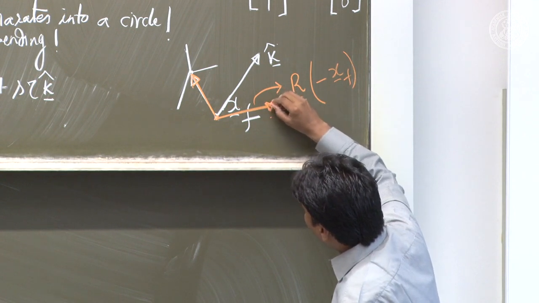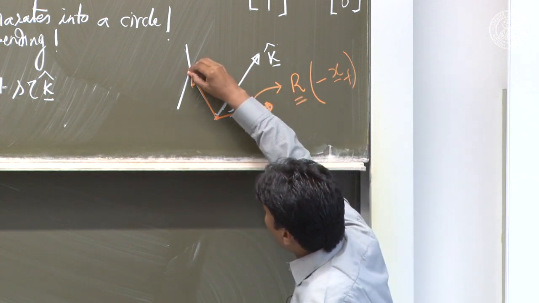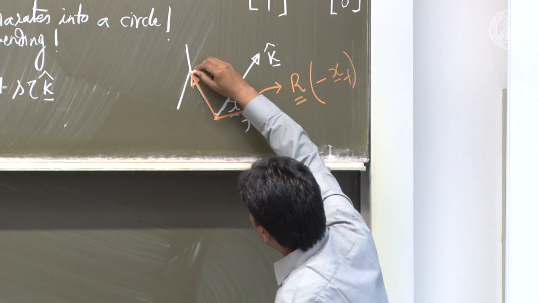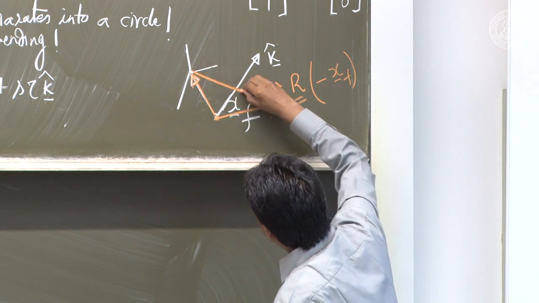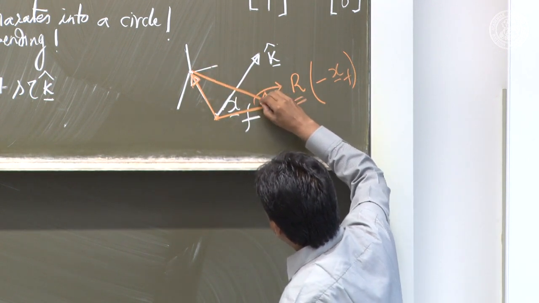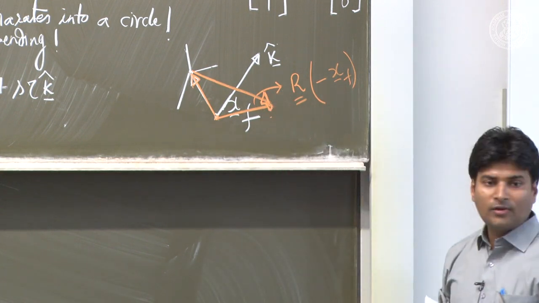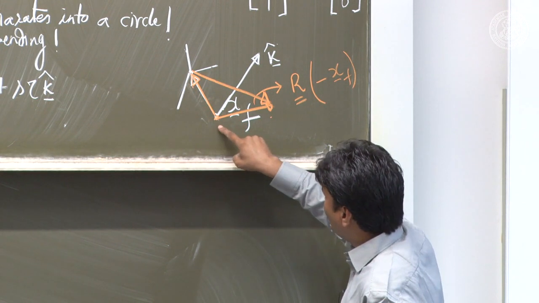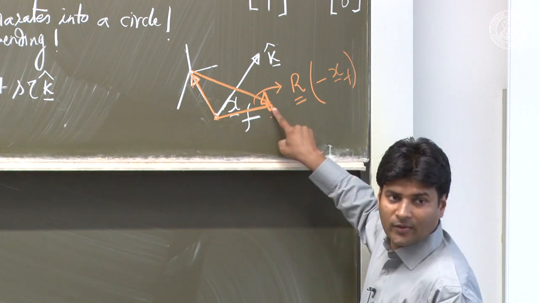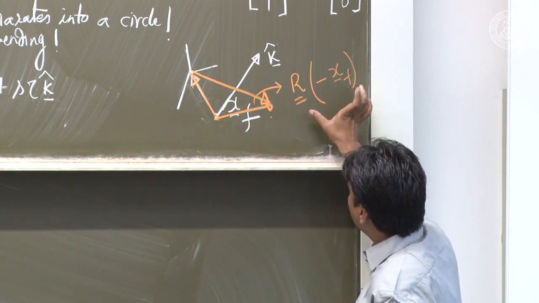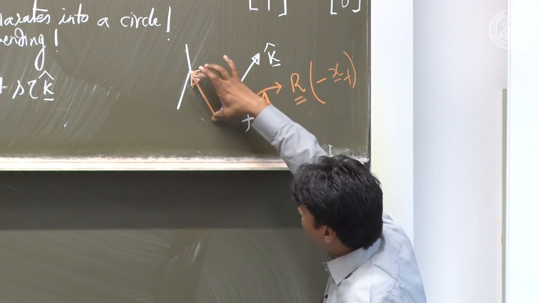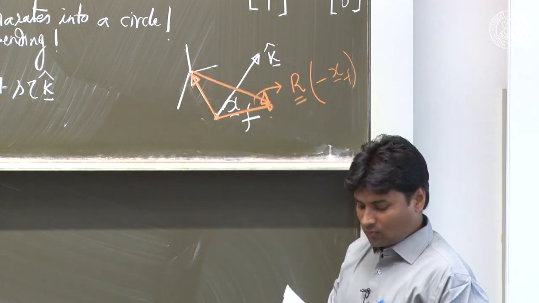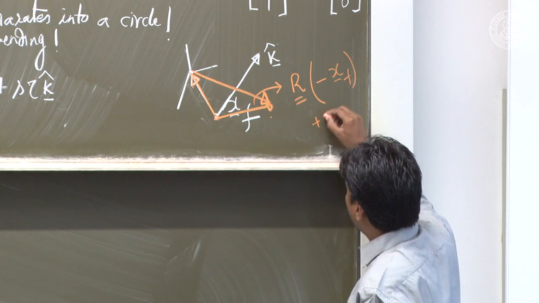But what is the final position? This point moved here. So the final position is this plus this, but this is this number, and you have to add this vector, which is the same as little x of f.